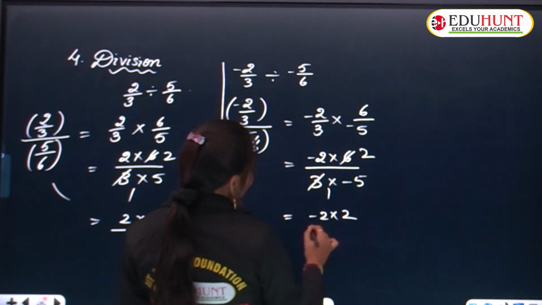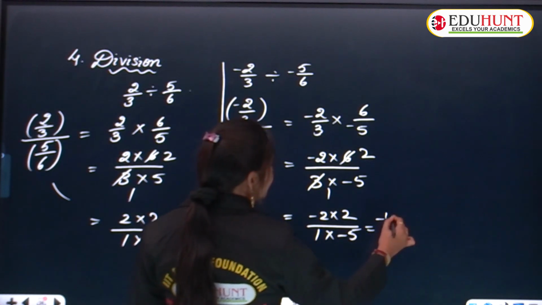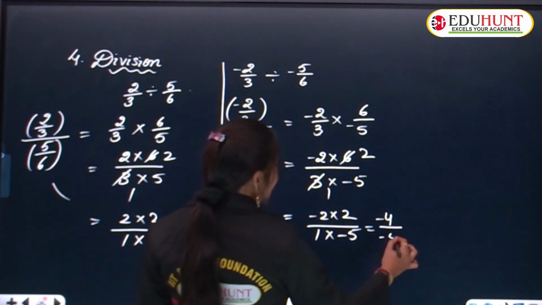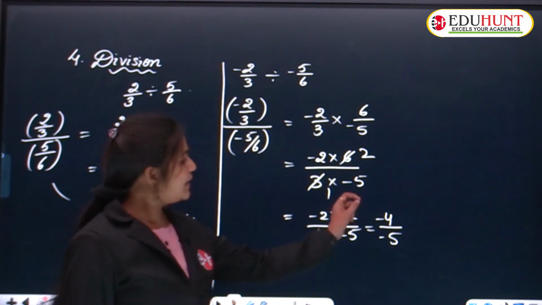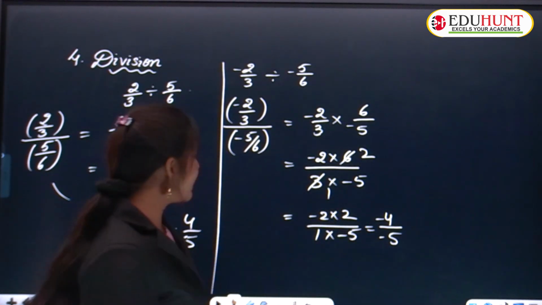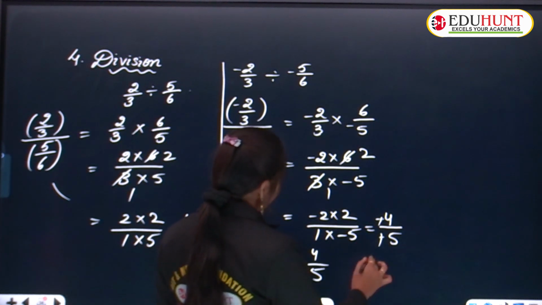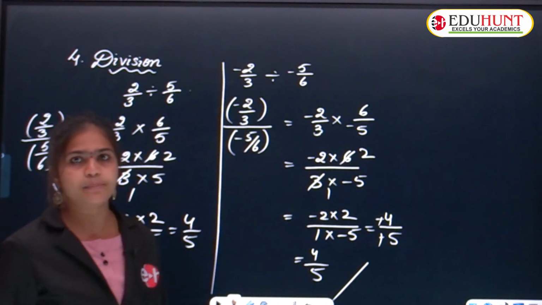Minus 2 into 2 by 1 into minus 5. Minus 2 into 2 is minus 4 by minus 5. Okay, and here numerator and denominator have the same negative sign, no? That's why those two get cancelled. Again you will get 4 by 5 as a positive rational number.